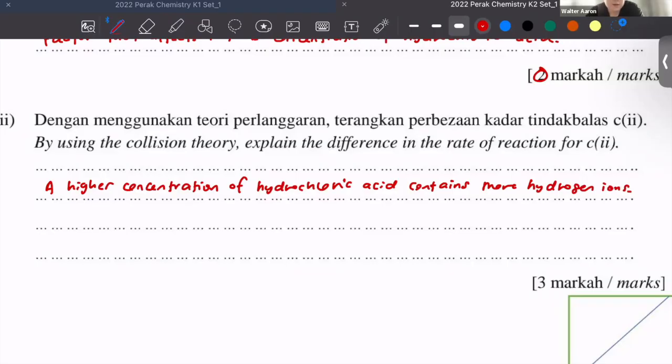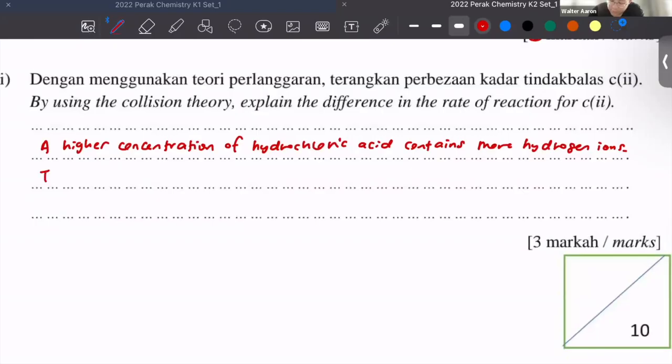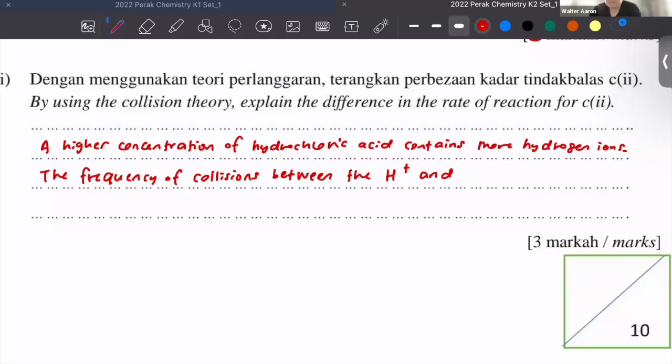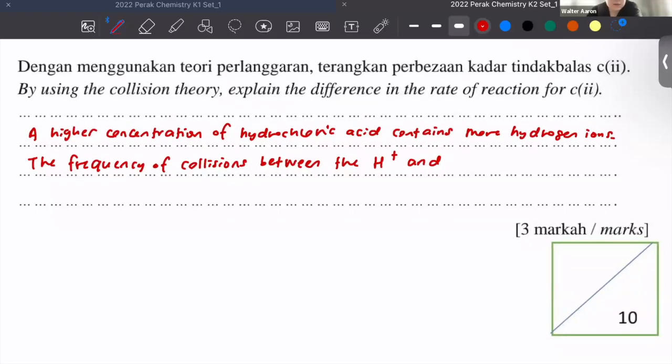And after that you just say that the frequency of collision between the hydrogen ions and zinc is higher.